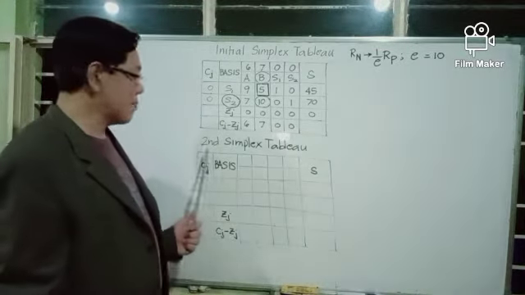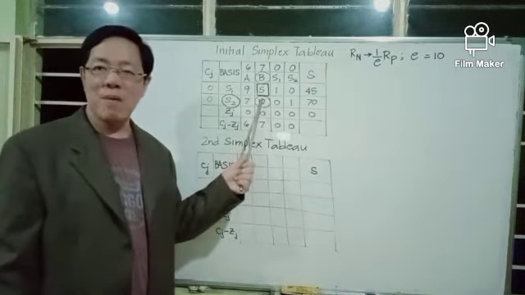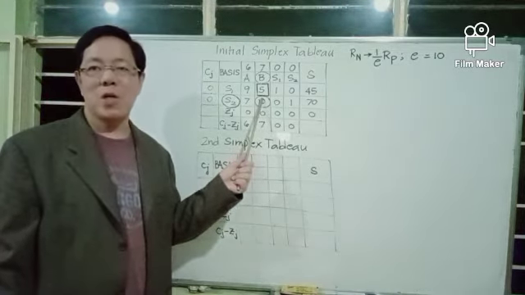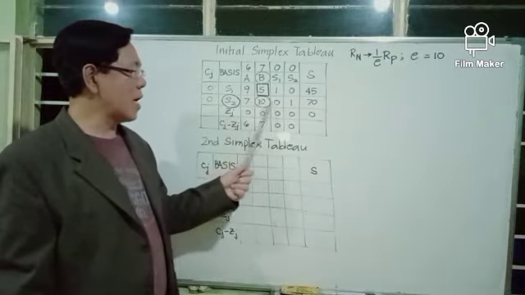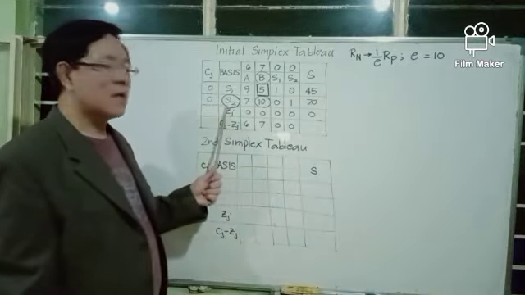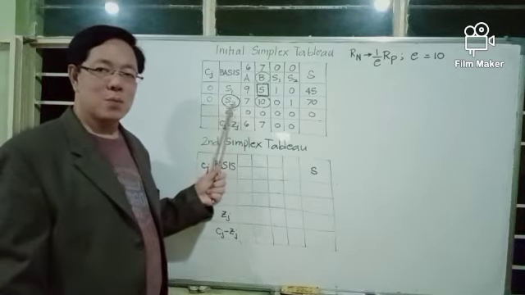In the second simplex tableau, the pivot element must be changed or converted to 1. And if we do that, we have to replace all the entries of the row containing the outgoing variable S2.